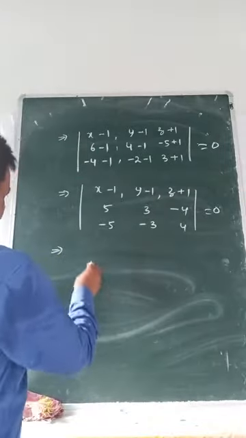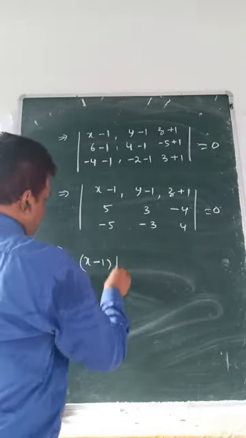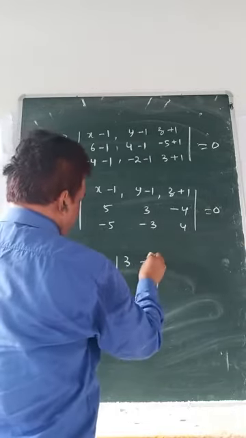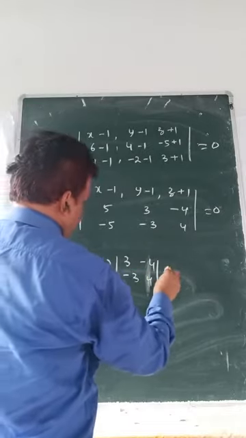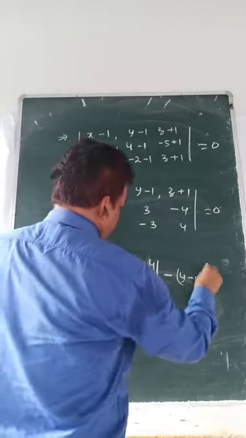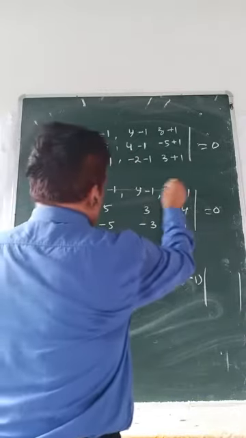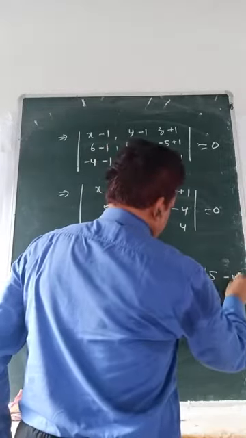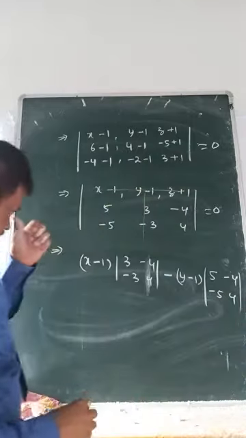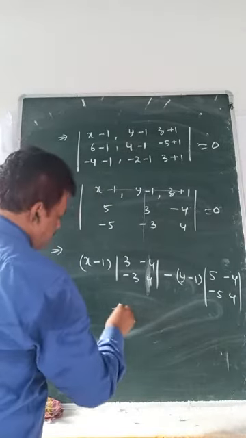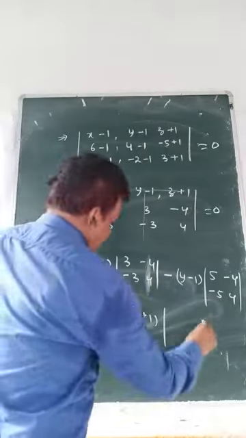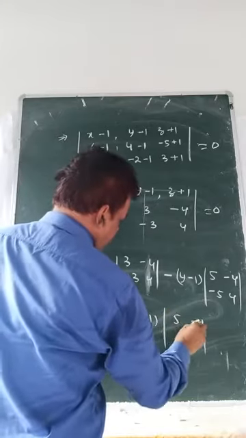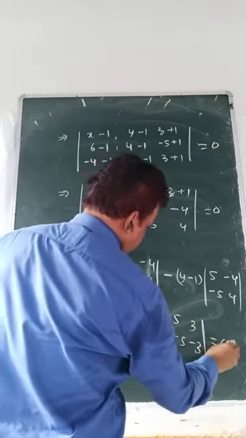Okay, what is the answer of this? x minus 1, its minor. What is the minor? 3 minus 4, minus 3, 4. y minus 1, its minor: forget this line, 5 minus 4, minus 5, 4. z plus 1, its minor: forget this line, 5, 3, minus 5, minus 3, equals 0.